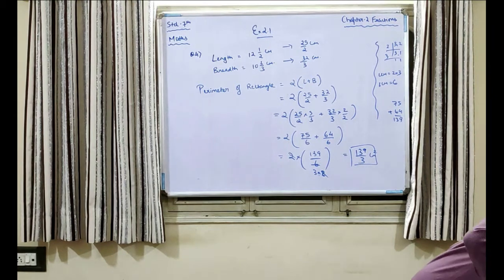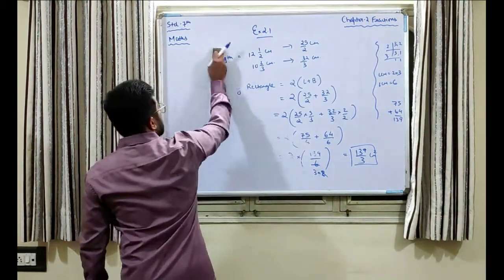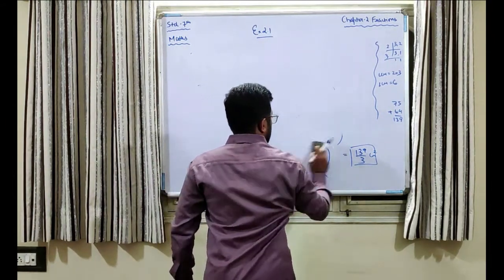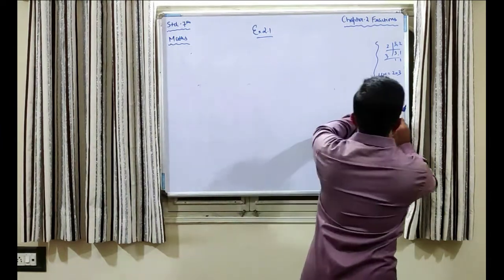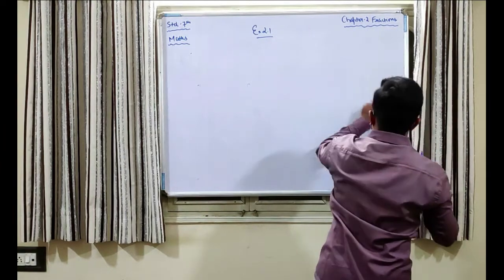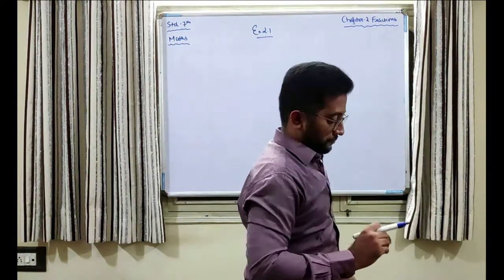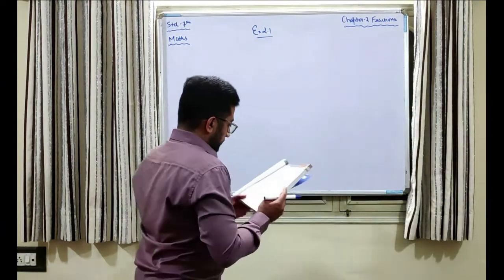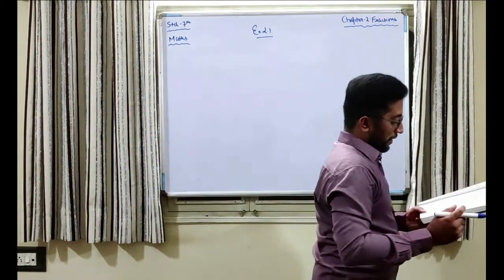Okay, now let us begin with question number 5. Find the perimeter of triangle ABE and the rectangle BCDE in this figure and whose perimeter is greater.